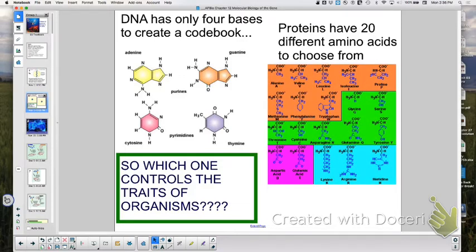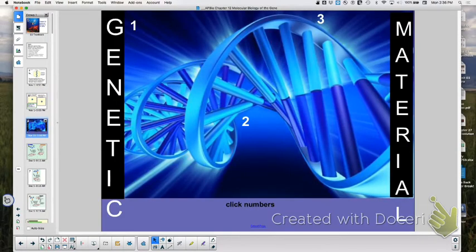So there is a series of experiments used to identify the DNA as our actual hereditary material. Remember, there were 3 things they knew it had to be able to do. Do you remember what those 3 things are? Turn towards your bio buddy and see if they can remember what those are.